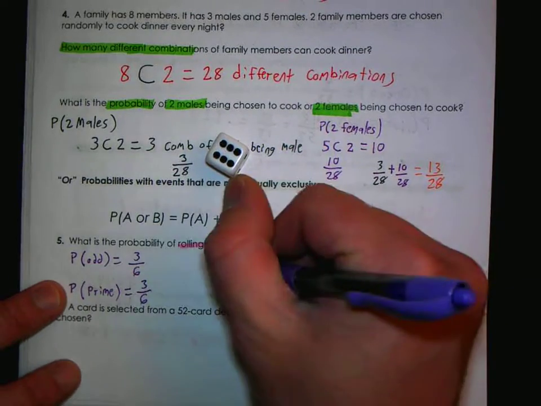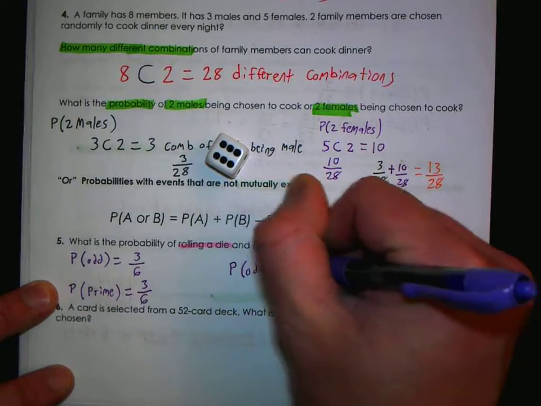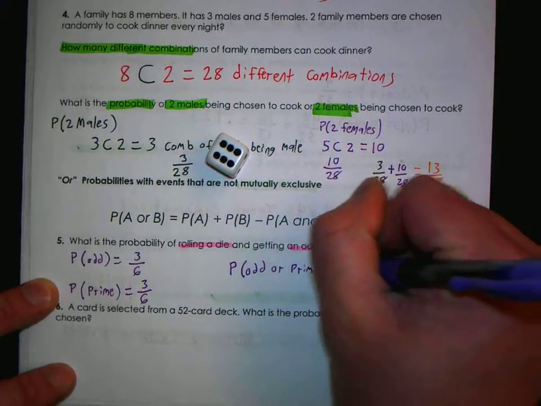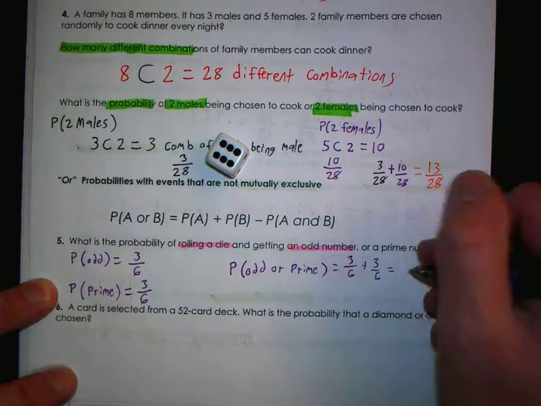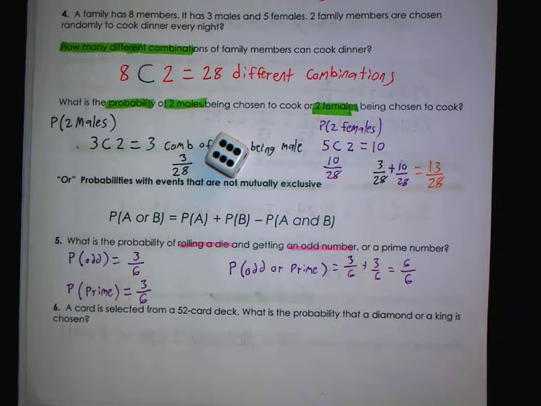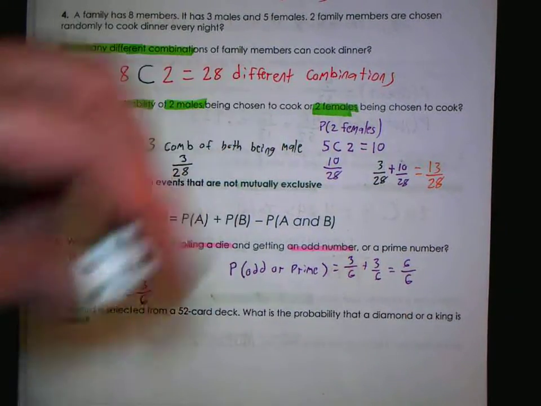So the probability of odd or prime is 3 over 6 plus 3 over 6 equals 6 over 6. So what that's saying is, no matter what, I will always get an odd or prime number. Is that true? According to my calculation, you always get odd or prime. Let's go through.